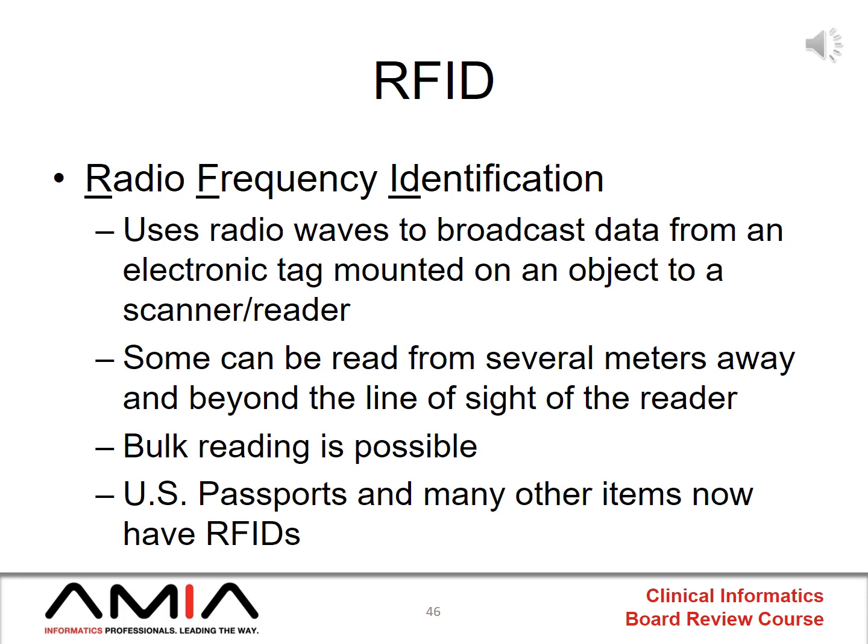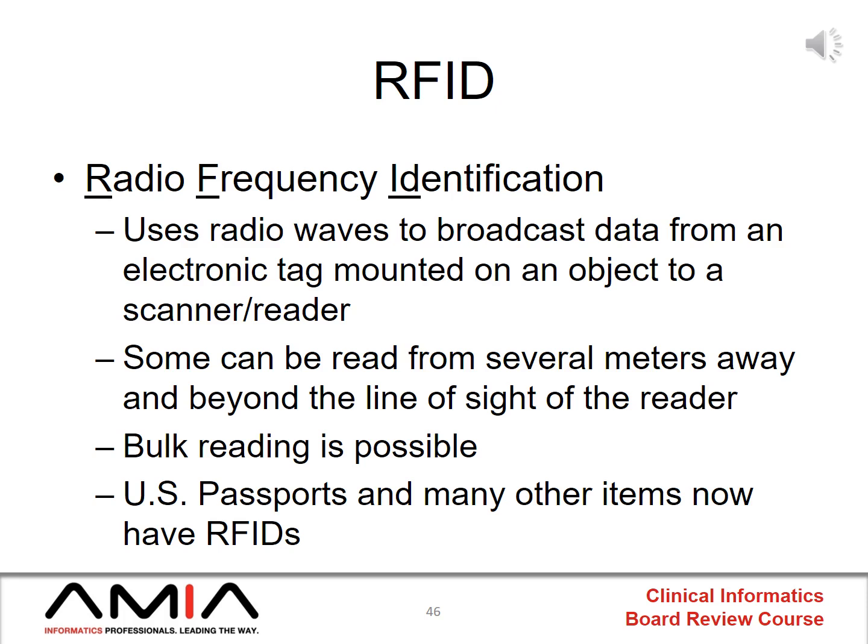In some cases, the tag can be read from several meters away and often beyond the line of sight of the reader. This enables the potential for bulk reading of multiple samples at one time. And nowadays, if you've looked at your U.S. passport, you'll notice that the cover is much thicker and stiffer than it was before. This has to do with the fact that there is an RFID chip now in your U.S. passport.